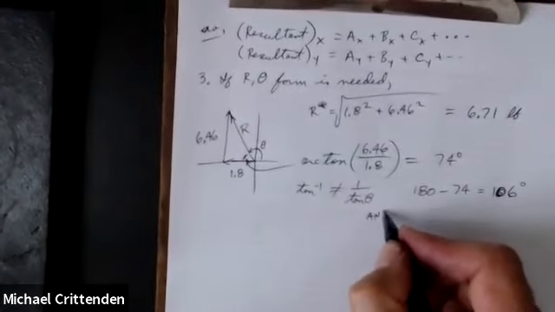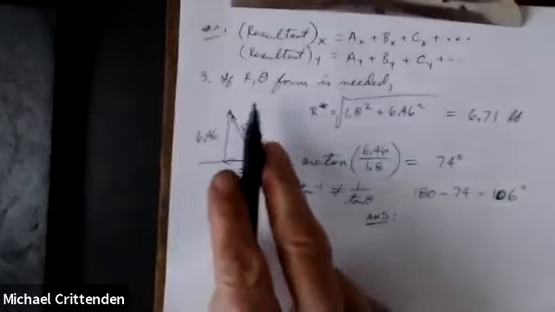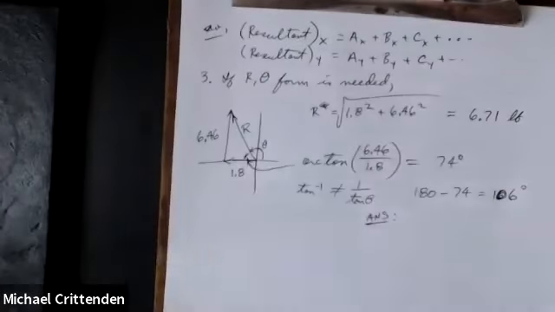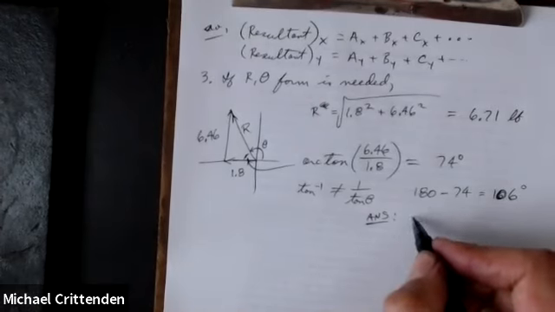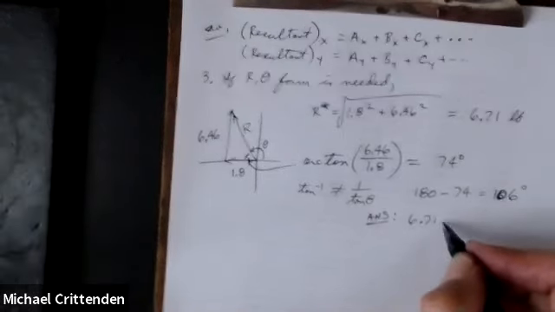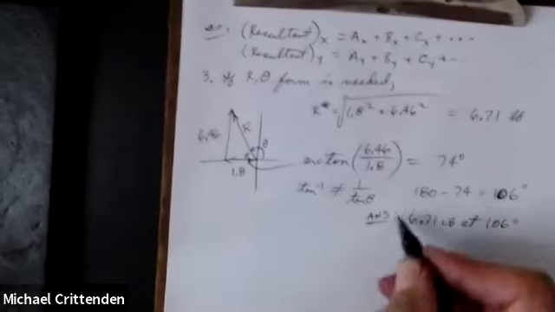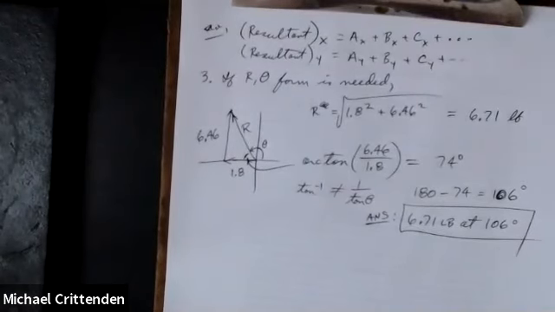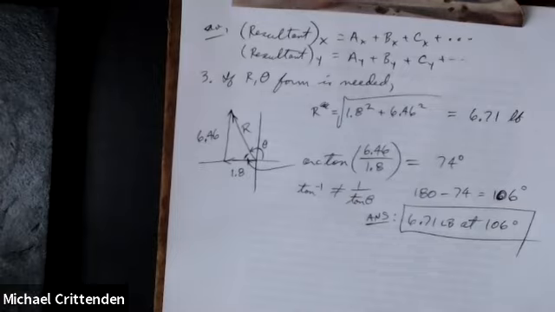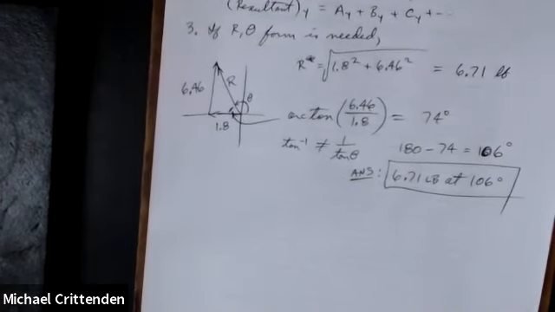And so the answer expressed this way, instead of in terms of x and y components, is 6.71 pounds at 106 degrees. So there you go. That's how you add vectors using the component method.